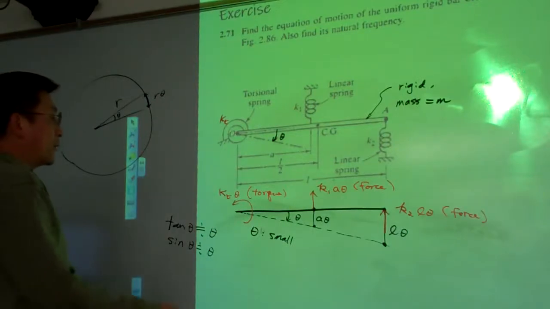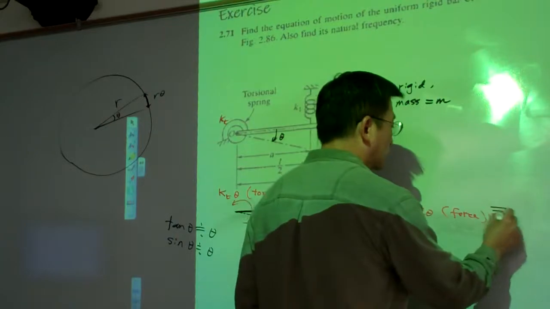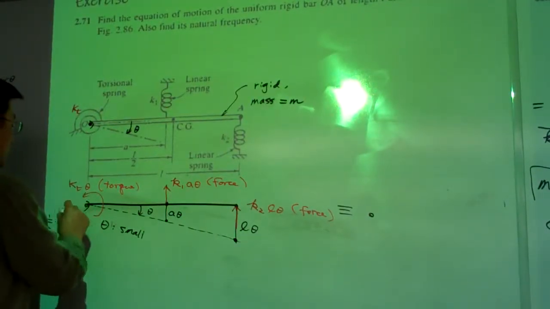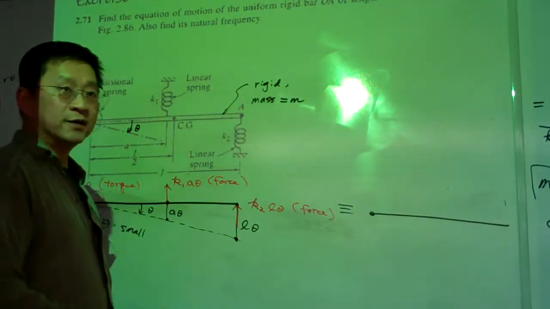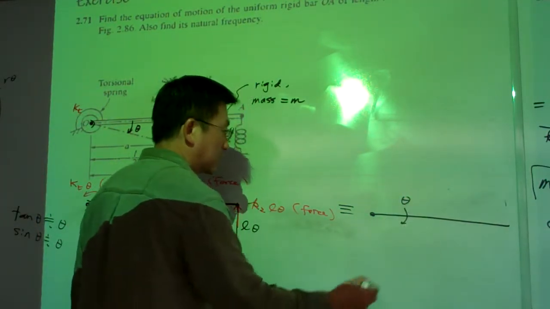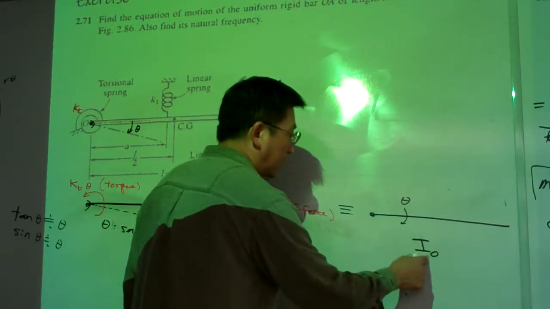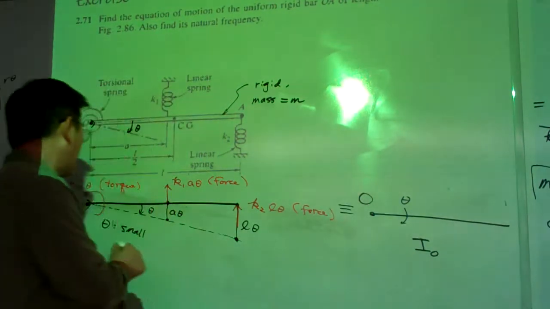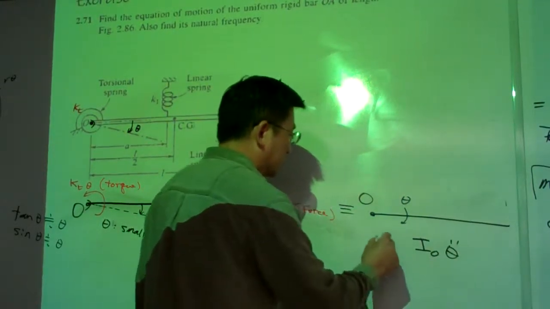On the other side, this beam has mass, and because there is a pivot here, that means this is the mass of the rigid bar, and because it has a degree of freedom assigned here, it has a moment of inertia, let me call it I_O. I_O is the moment of inertia with respect to the pivot O, times theta double dot.